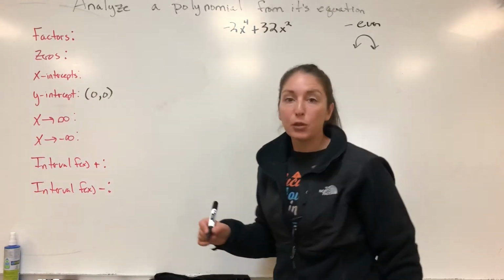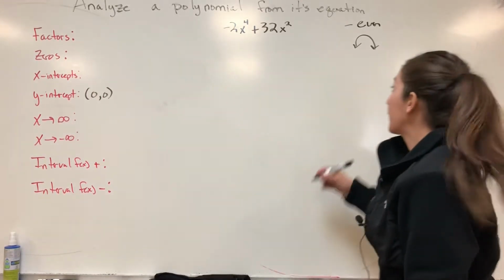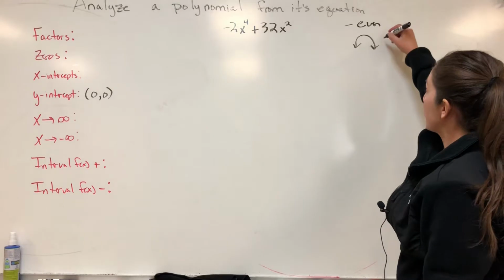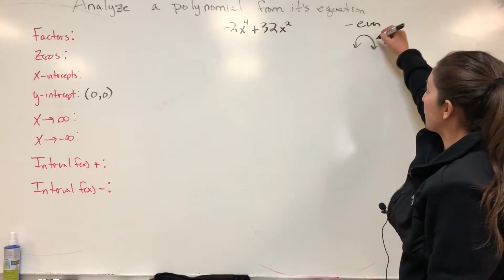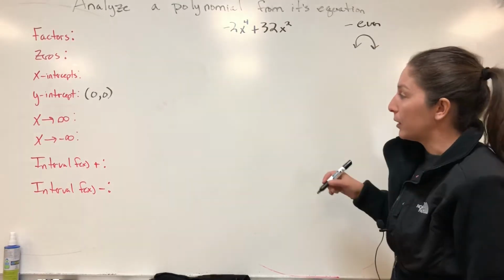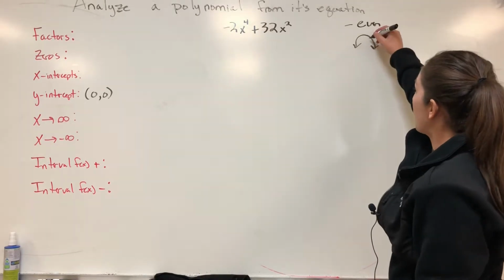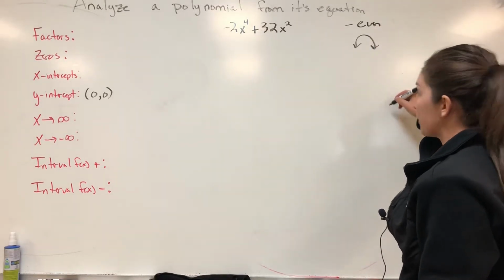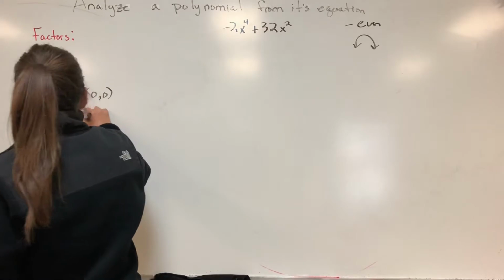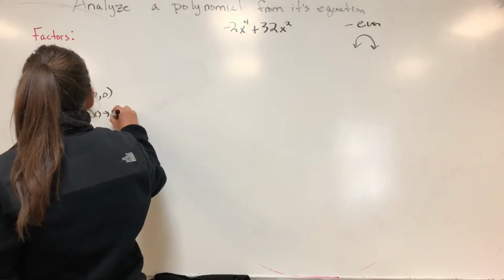As x goes to positive infinity, as we go to the right, what happens? Well, as we go to the right, we go down. As x gets really large, we're going to go down to negative infinity, and this is all based on the fact that we know the shape.